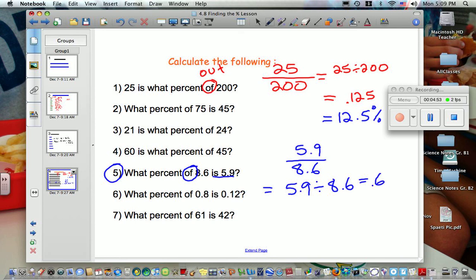It becomes 0.68604, etc. It keeps going. I know as a percentage, I'm going to move that two places. It's going to be 68.6%.